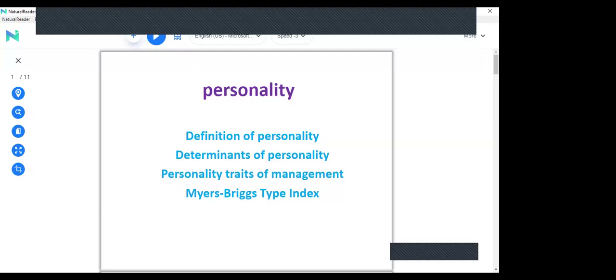When we study people's behavior, we call it organization behavior. When we monitor or investigate the behavior of people in an organization, individual, group, or organizational wise, we can say it is organization behavior.